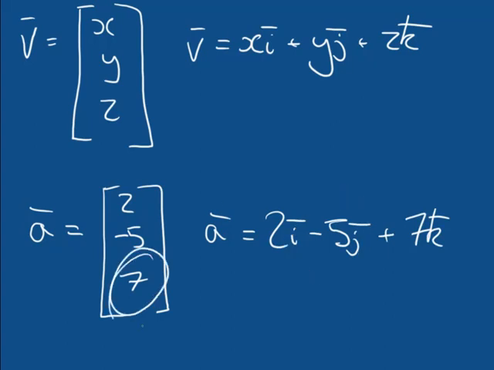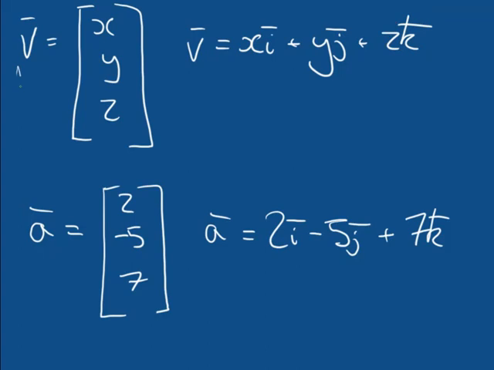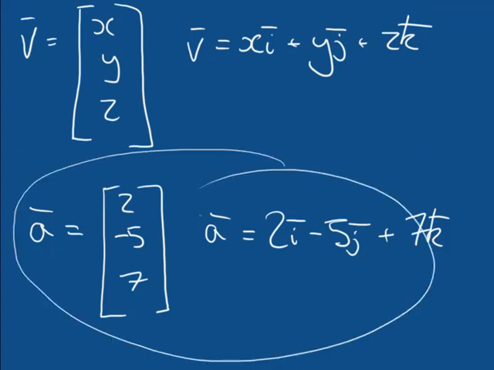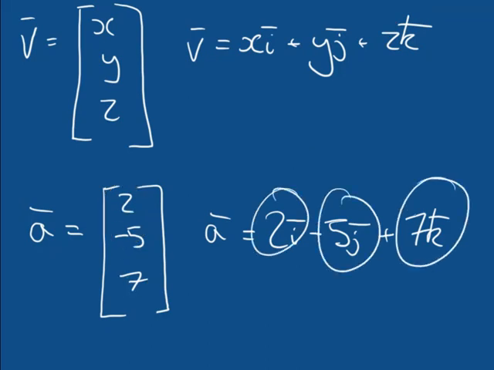And then we've taken the z value, which is 7, multiplied that by k, and that's given us plus 7k. So it's really simple, but just in case you were wondering how our generic version maps in terms of a real vector, that's how it would work. You just simply take these components and use them as scalar multipliers of i, j, and k.